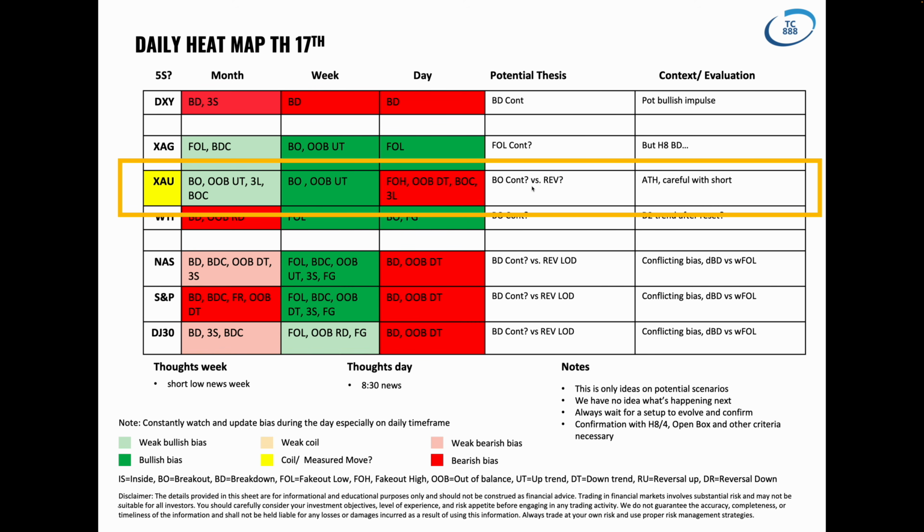This is something to still keep in mind, and we are careful with shorts, but we are open and aware that after 3 days of longs, such a bearish day might give a nice reversal trade. So let's go to the chart from here and observe what's happening with everything we just discussed.